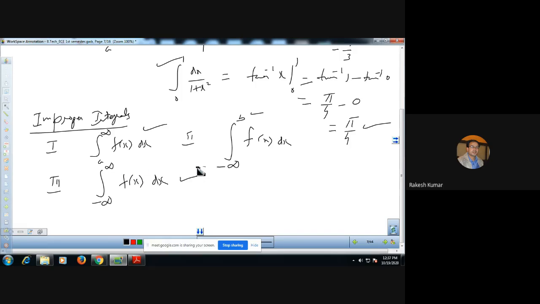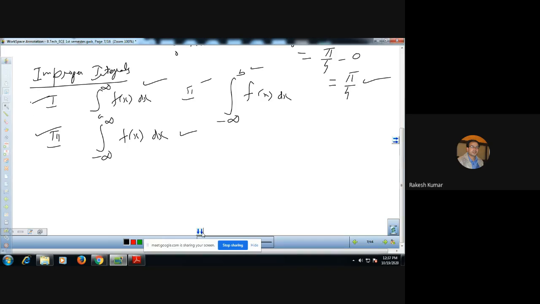So this is also an improper integral. This is the first kind, second kind, and third kind of improper integral. So we can evaluate the improper integral and get the values of that.